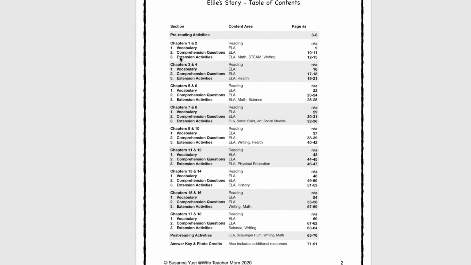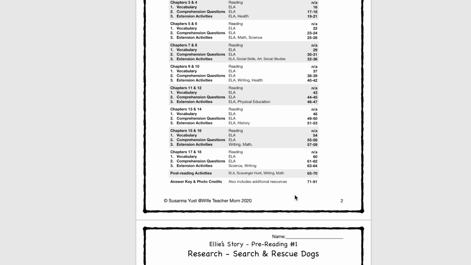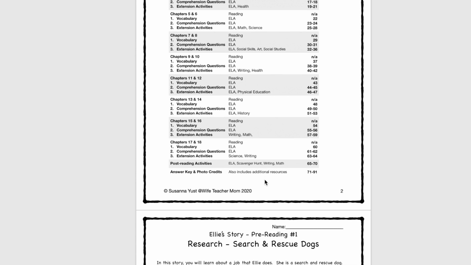We want to make sure that they are still understanding and getting the information they need from both chapters. At the very end, you can see there's an answer key which has photo credits and has additional resources if you feel your students should need them.